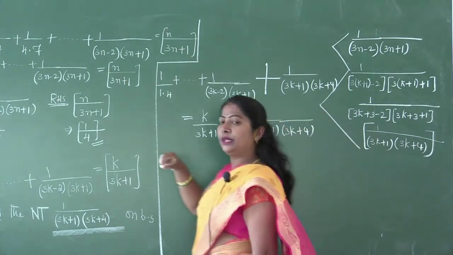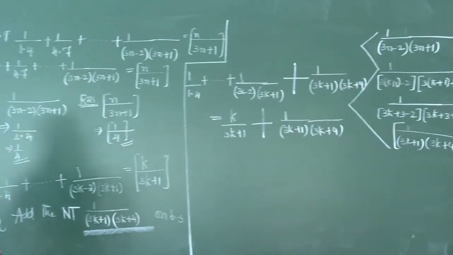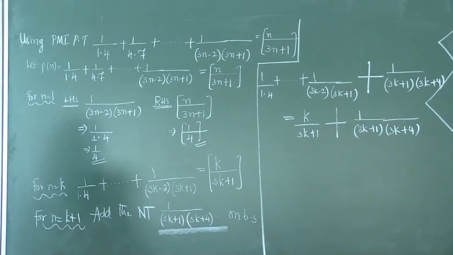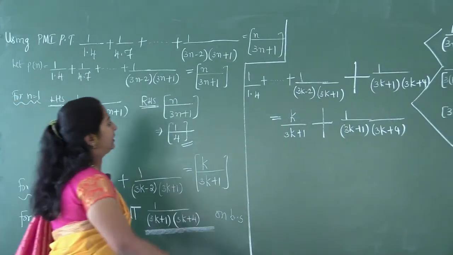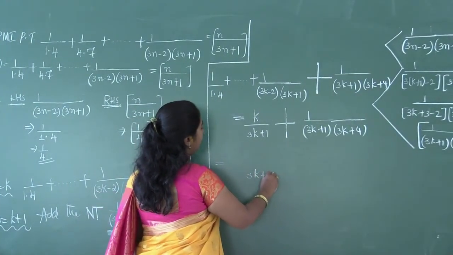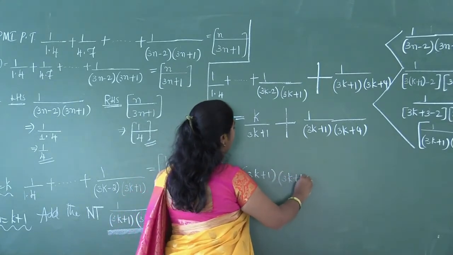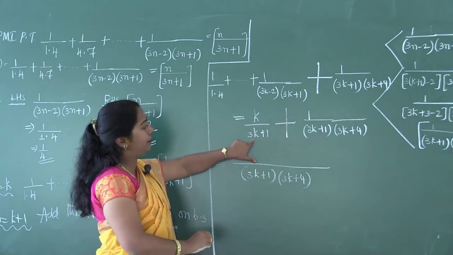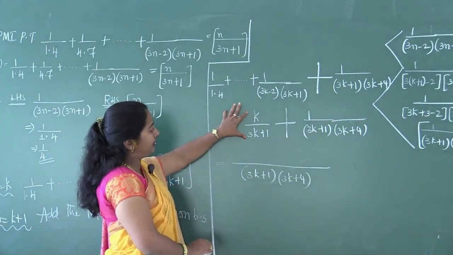When you observe the denominator of the first term and the second term of the RHS, we shall take the LCM now. What is the LCM? The LCM will be 3k plus 1 into 3k plus 4. So consider the first part, k divided by 3k plus 1.